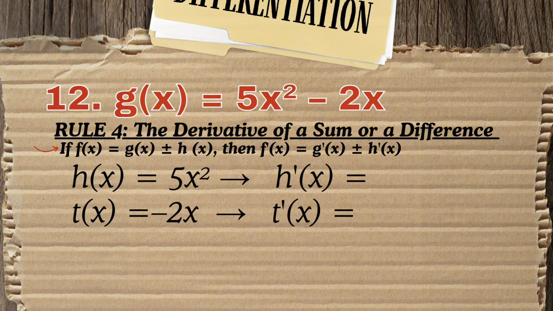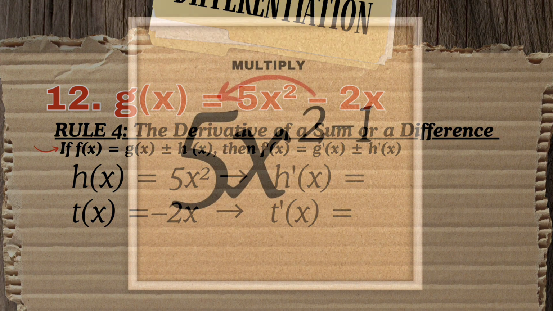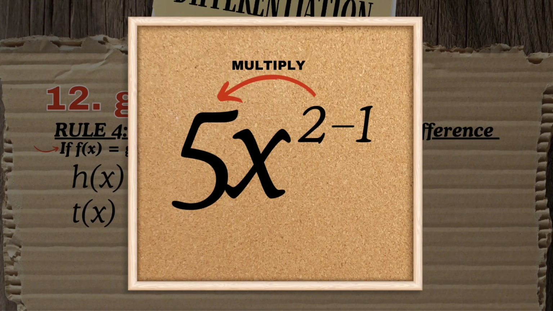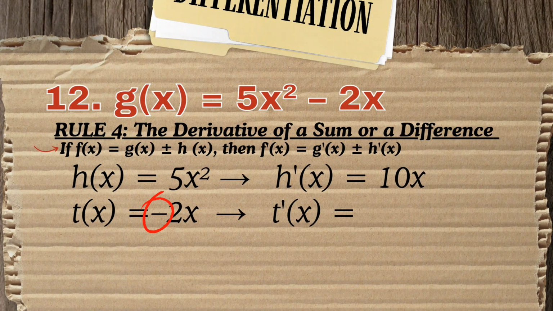So, to find the derivative of 5x raised to 2, ita-times natin yung 2 sa 5. That is 10. Then, yung exponent, babawasan ng isa, so magiging 1 na lang. So, we have 10x. Then, copy lang yung minus sign. Then, hahanapin naman natin yung derivative ng 2x.